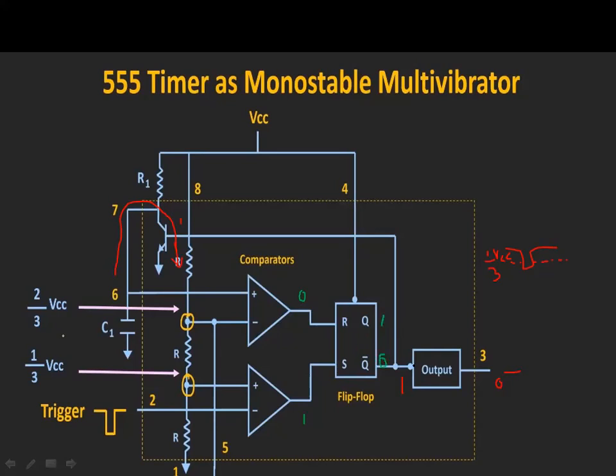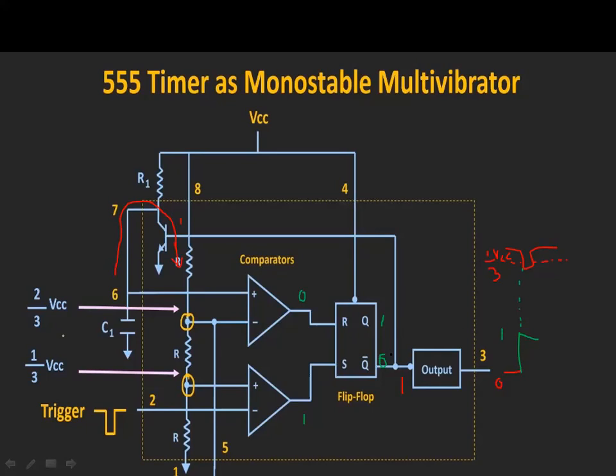Then when Q bar is 0, the output is going to 1. So at this instant, my output is going to change its state from 0 level to high level, that is 1 level.